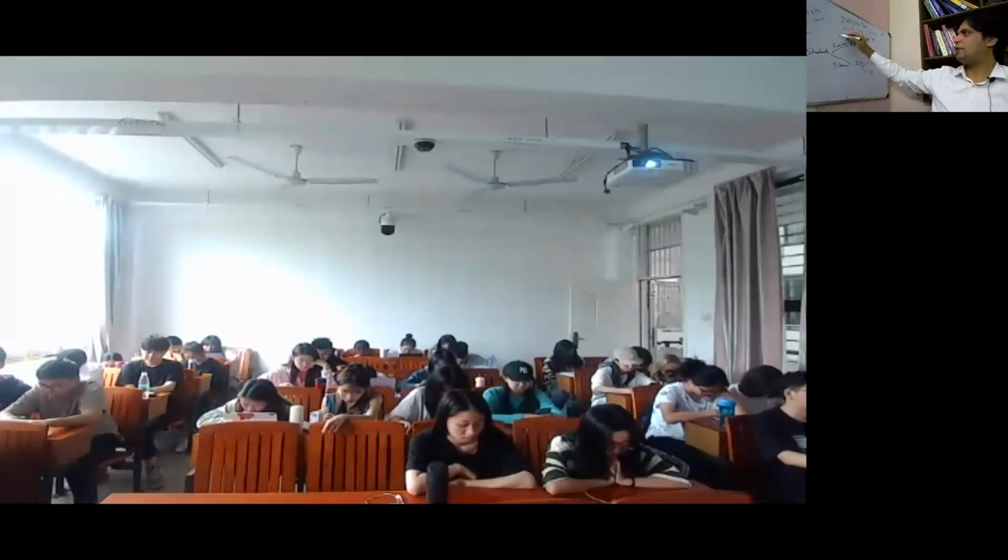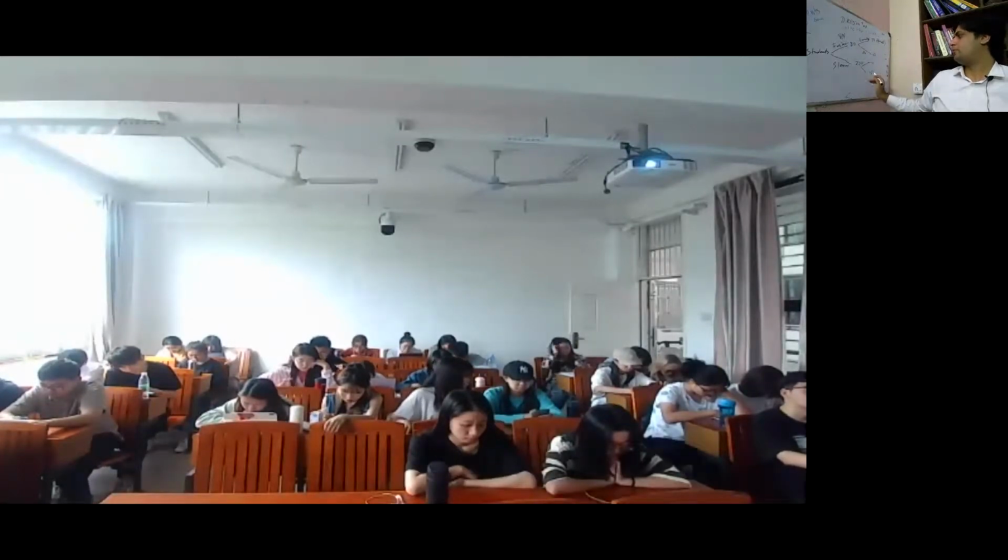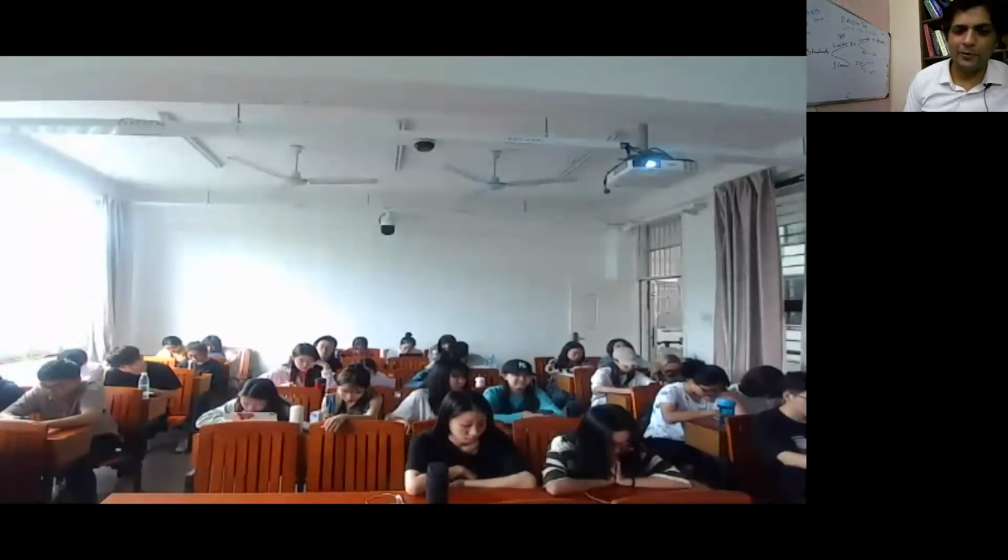Now, can you tell me the probability of A? Can you tell me the probability of A and B? Oh, okay, tell me only this one. These two probabilities quickly. What is the probability of A?